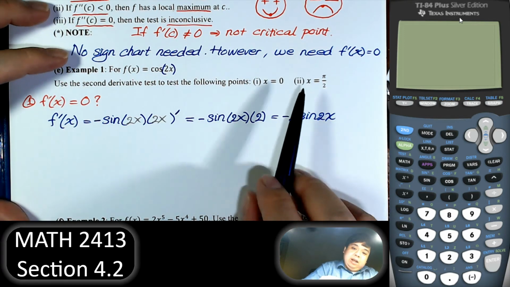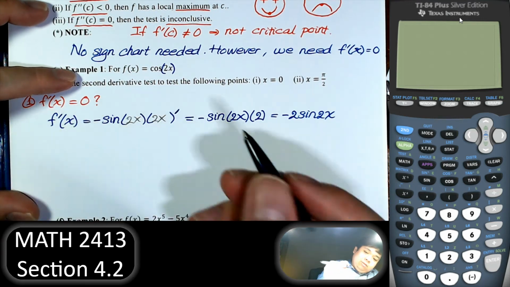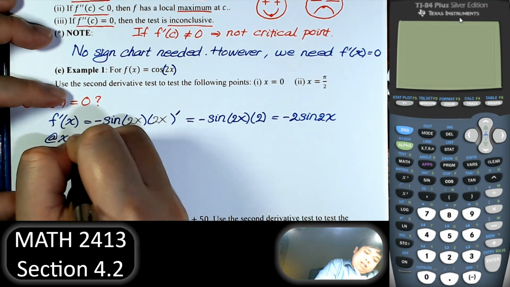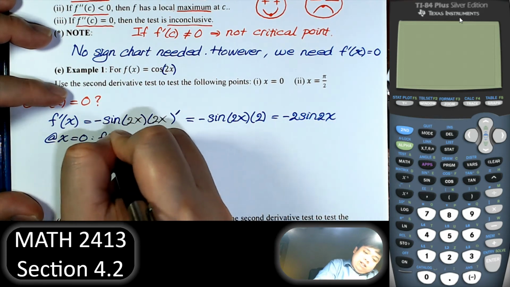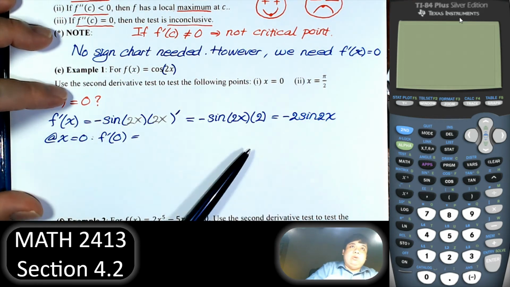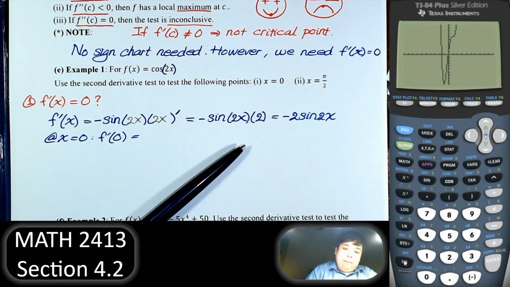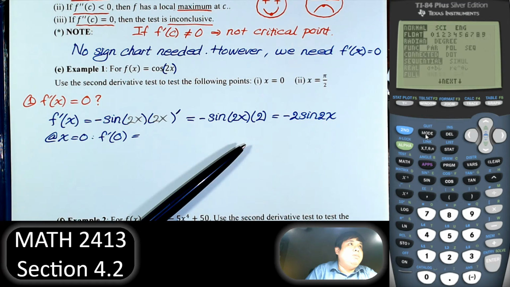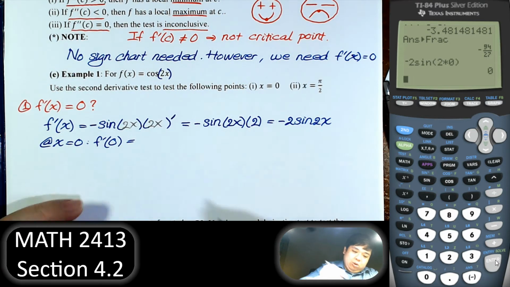Right. I would test at those points. When x equals 0, the derivative at 0 equals negative 2 sine of 2x at 0. Make sure it is in radian mode. Radian mode, okay, good. So that is equal to 0.